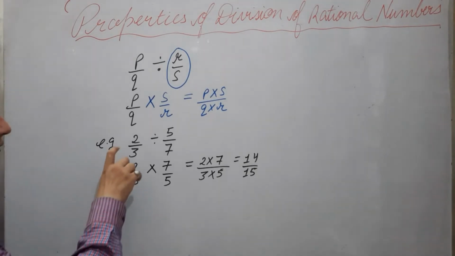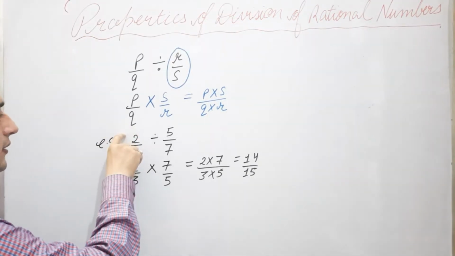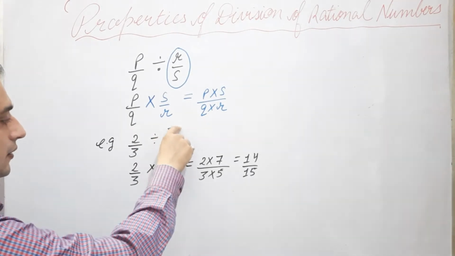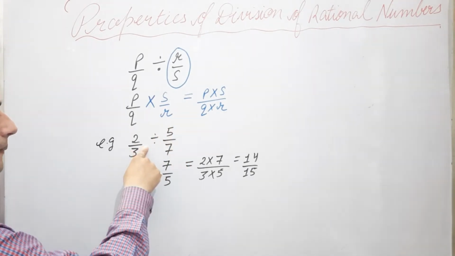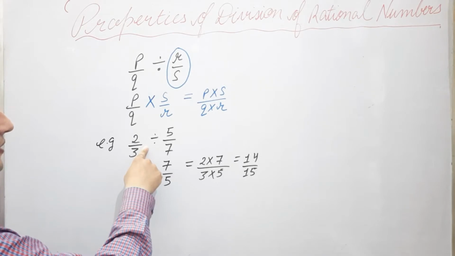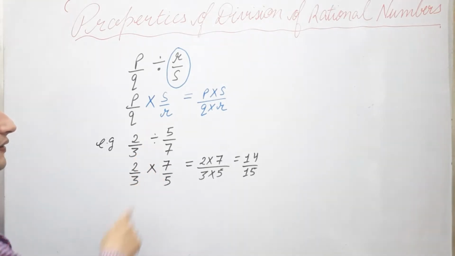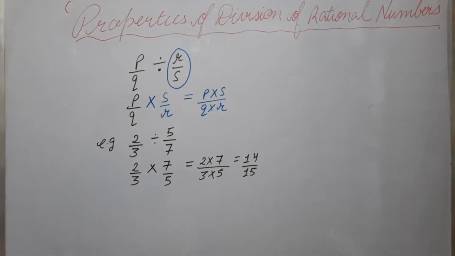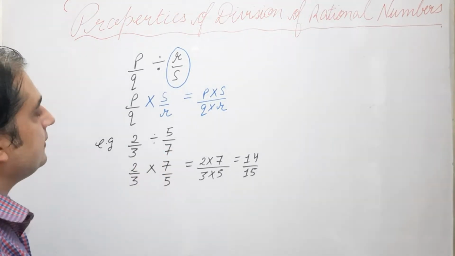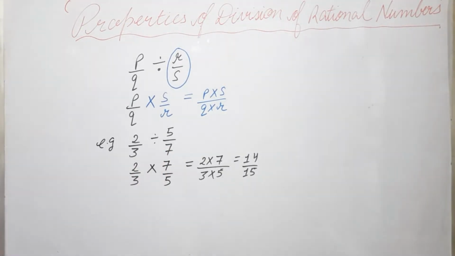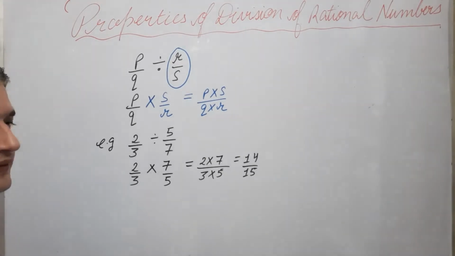Instead of applying the division operation directly, you multiply the dividend with the multiplicative inverse, or reciprocal, of the divisor.